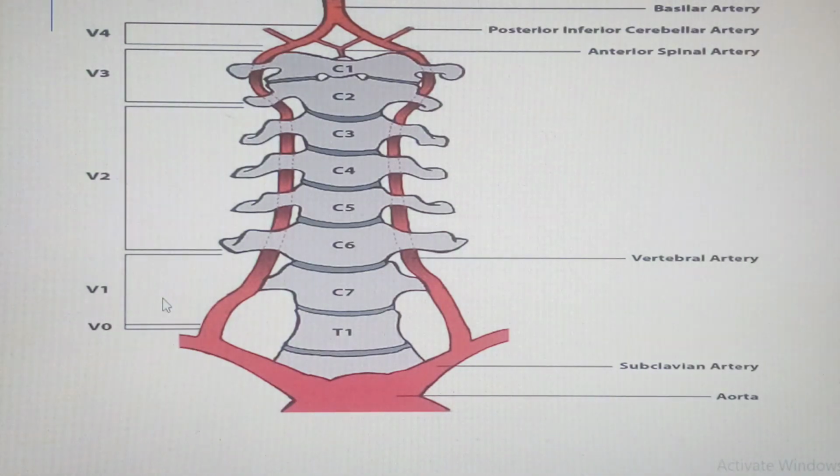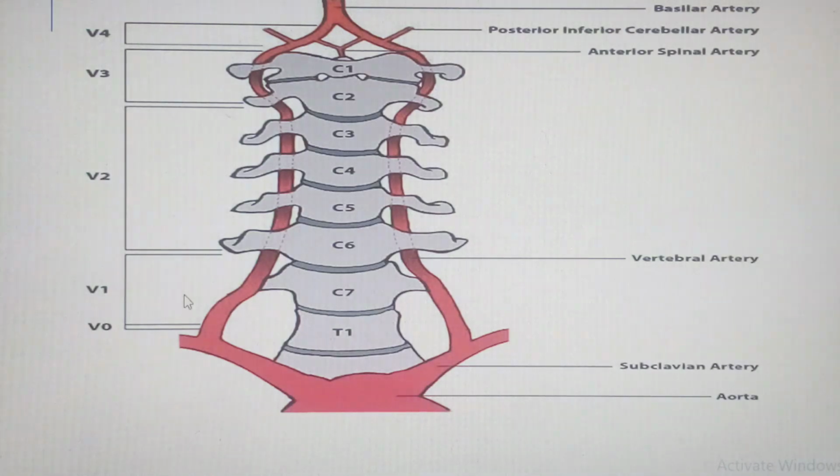Now you can see that this first part hasn't gone through these transverse foramina, and therefore we also call it the prevertebral artery, or we also call it preforaminal, because it has not gone through the foramina of the transverse processes. So this is the preforaminal part of the vertebral artery.